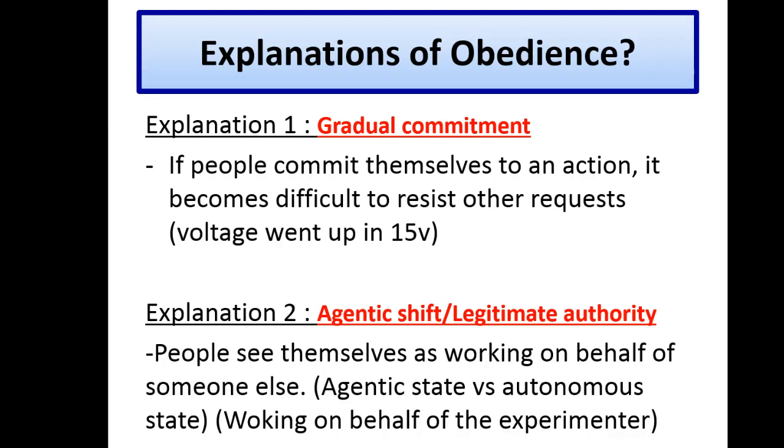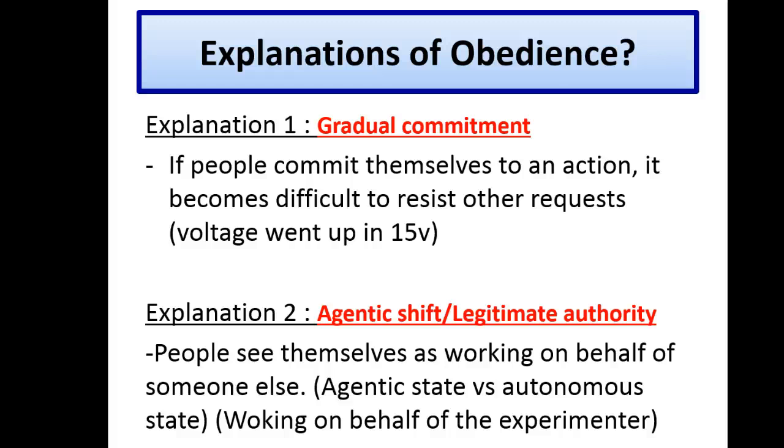The next explanation is agentic shift. A lot of the time we see ourselves working on behalf of somebody else, usually an authority or legitimate authority figure. So if we're agents of something else, we move from our autonomous state, that is working for ourselves, to our agentic state, that is working on behalf of somebody else.